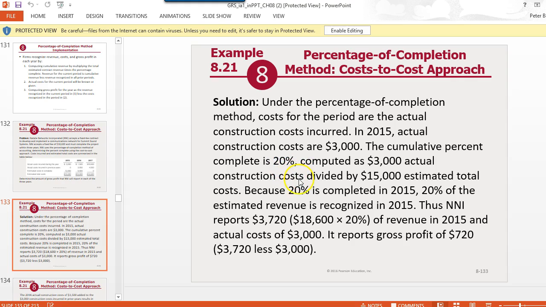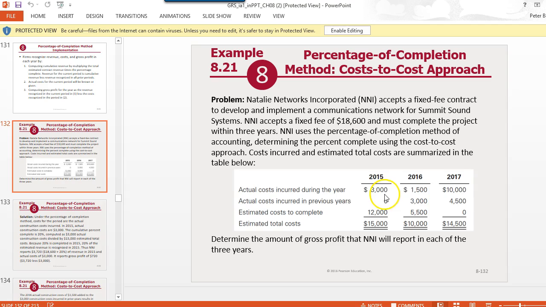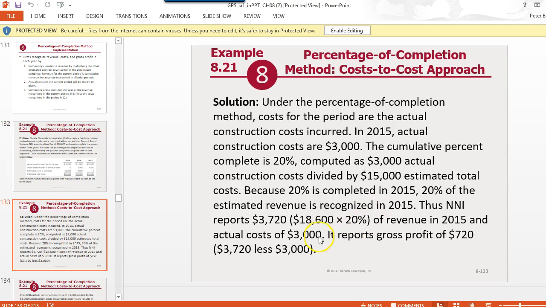Because 20% is completed, 20% of the estimated revenue is also recognized. So we take the 18,600 and multiply that by 20% to get 3,720 as our revenue for 2015. Actual costs are straight in the problem at 3,000. The gross profit is 720, which is 3,720 minus the 3,000.